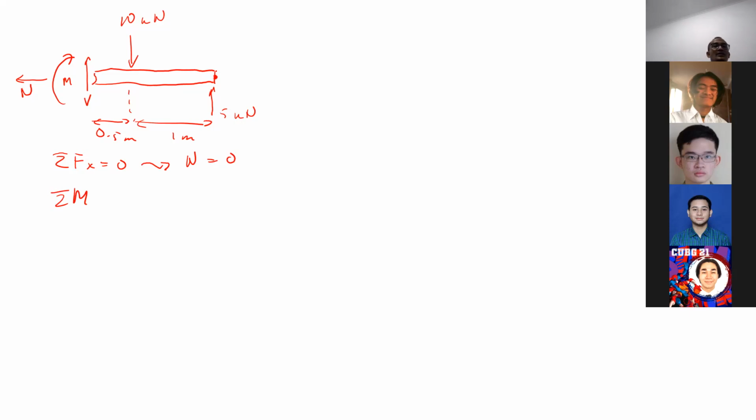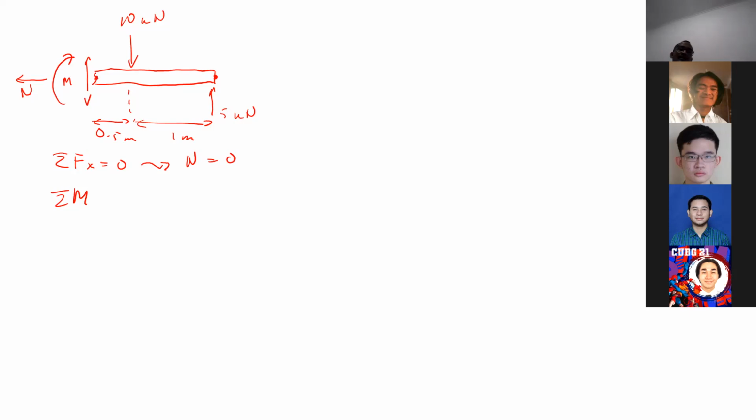If you do this, you haven't solved for the reaction yet, so you will not be able to find the solution directly if you do it that way. If you want to use sigma moment to get the result directly, which center of rotation are we supposed to use? The far left. Yes, correct, the far left at the section.